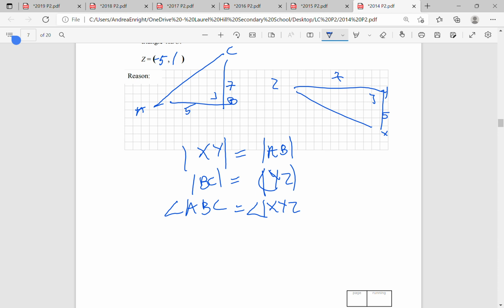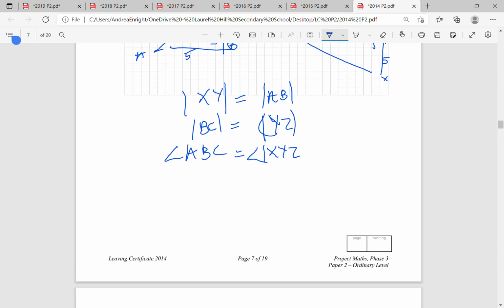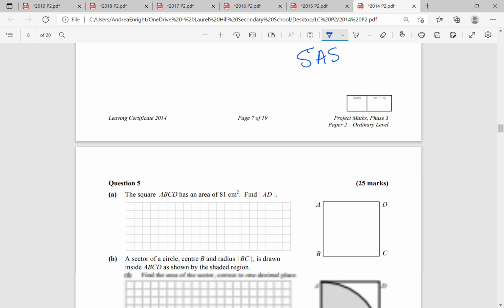So they are congruent. You'd write down they're congruent and SAS. And that's the end of that one.